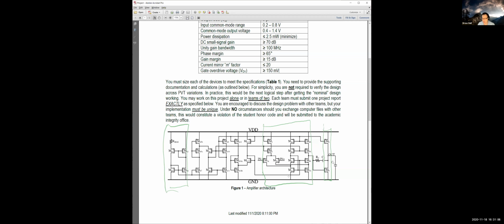We designed one in homework 4. This part is all about biasing. So break this down, and almost always I would work from the output back in, okay? Start with the signal path and work back to the biasing.